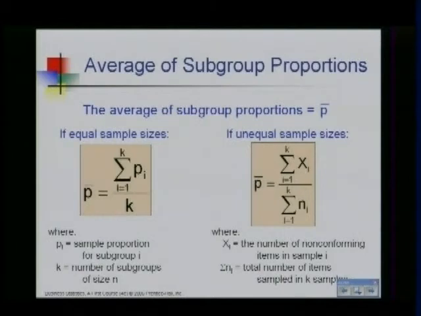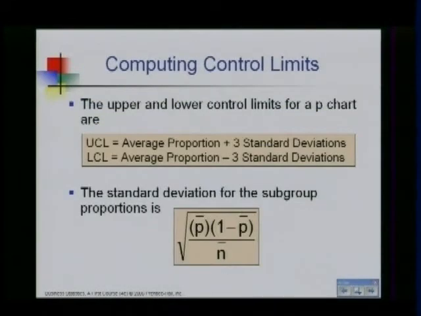So if I have 150 in each group and I've got 3 groups, I'd have to multiply 150 times 3 to find this denominator. Okay, here's how I find my control limits. P bar times 1 minus P bar over N bar, the square root of the whole thing. Okay, so N bar is the number of observations in each group. You want to remember that. It's not the number of groups or the number of days that I took observations.